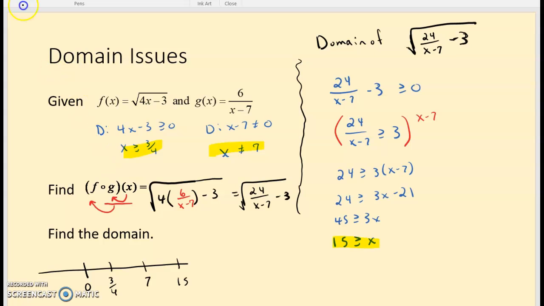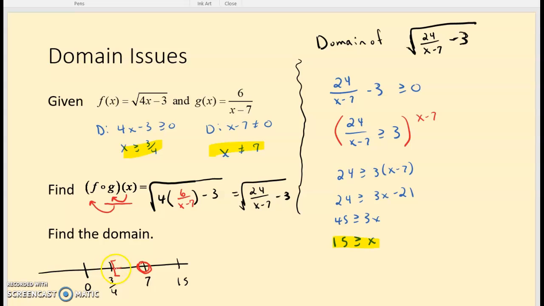Based off of things that we see here, we cannot use 7 out of g, so I'm going to put an open circle here. 7 is out of the question. From f, I can use numbers greater than or equal to 3/4. So over here is the 3/4.